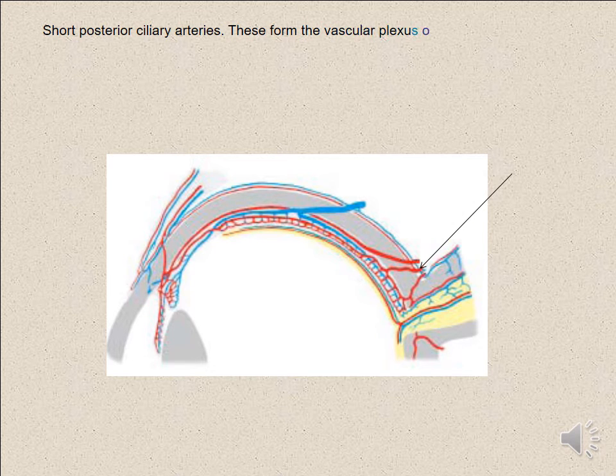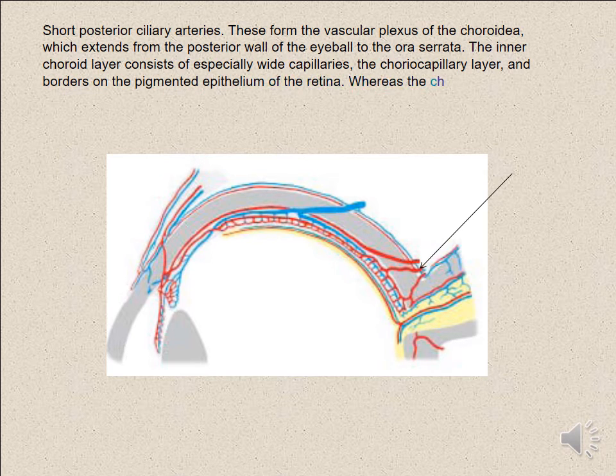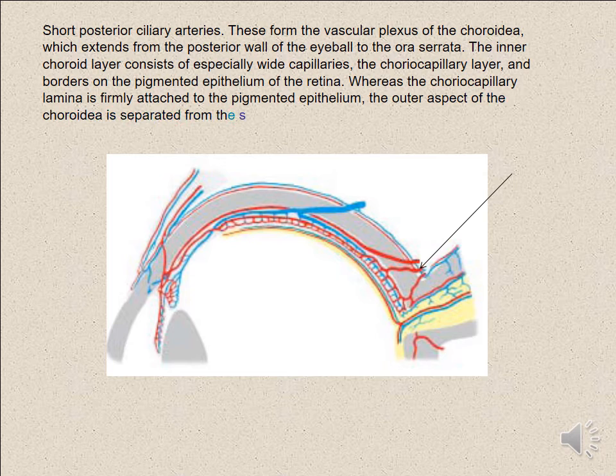The short posterior ciliary arteries form the vascular plexus of the choroid, which extends from the posterior wall of the eyeball to the ora serrata. The inner choroid layer consists of especially wide capillaries, the choriocapillaris layer, which borders on the pigmented epithelium of the retina, and is firmly attached to the pigmented epithelium.